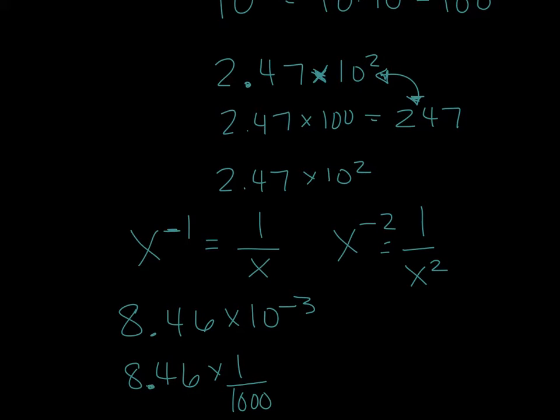And so if I take 8.46 times 1, I get 8.46 back. And then I'm dividing by 1,000, which means that this number is actually equal to 0.00846. So all I'm doing is moving this decimal place back 1, 2, 3 places, and then putting 2 zeros there. So these two numbers right here are the same number, they're just written differently.